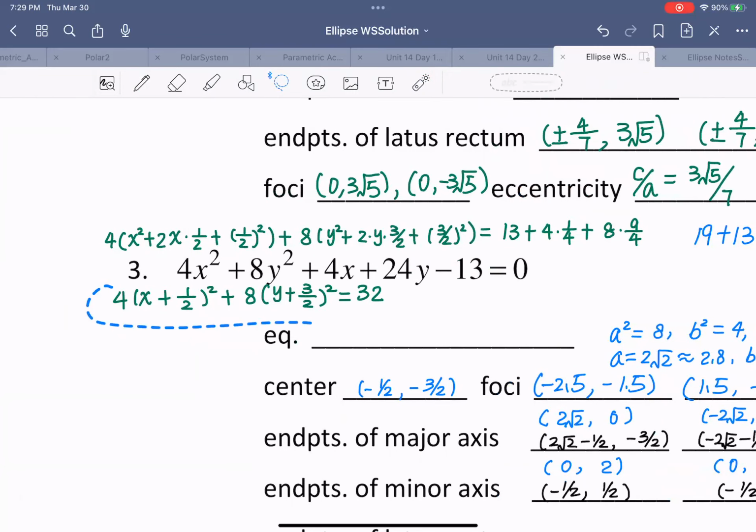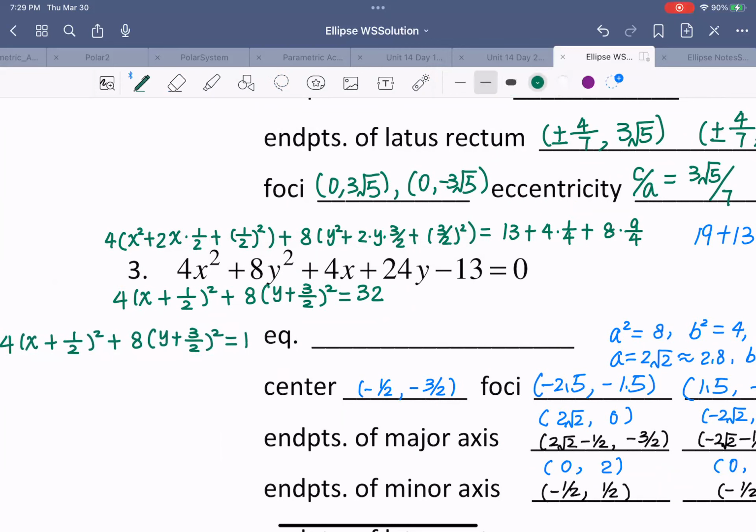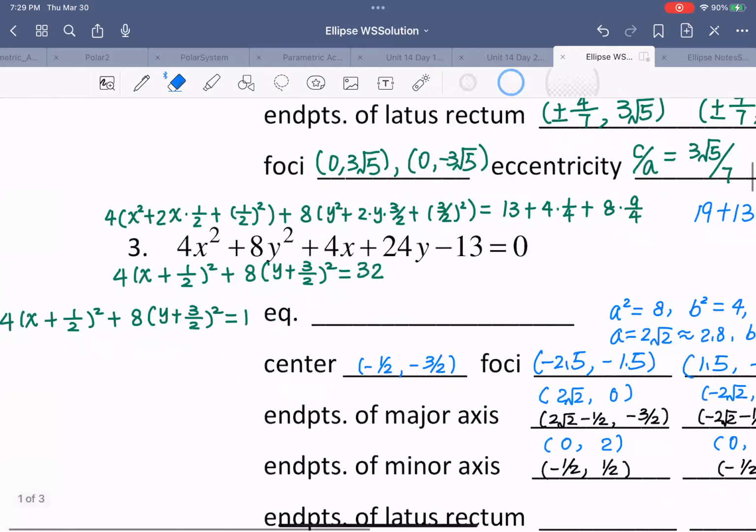And then it'll be x plus 1/2 squared over 8, this guy over 8, this guy over 4. Yes.